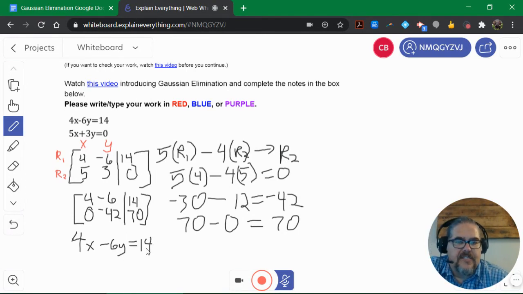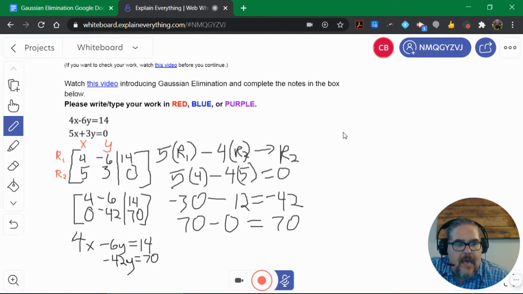Okay, so if you'll notice, that's the same as our original first equation. Now we're going to rewrite the second one. We've got 0x, and then we have negative 42y equals positive 70. Okay, and so because this gives us an equation that doesn't have any x values, we can actually solve for y here. And so I'll just go ahead and write that over here.